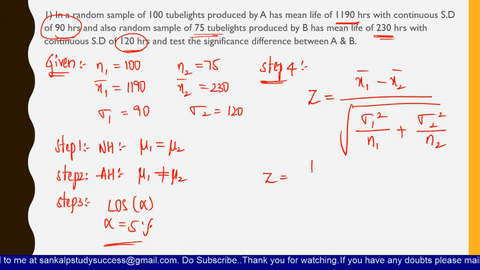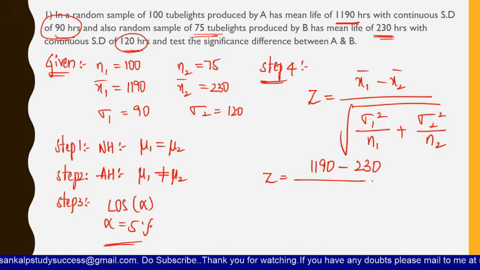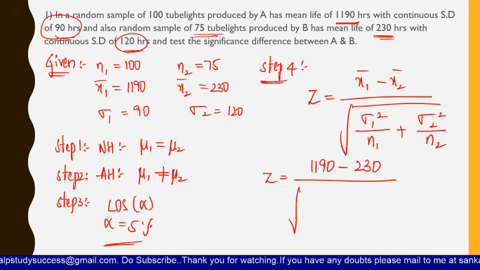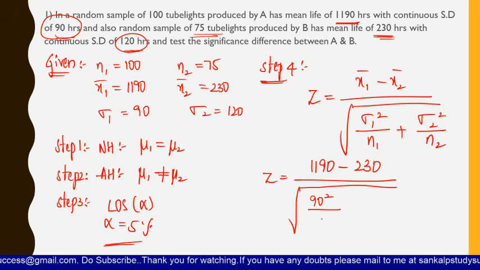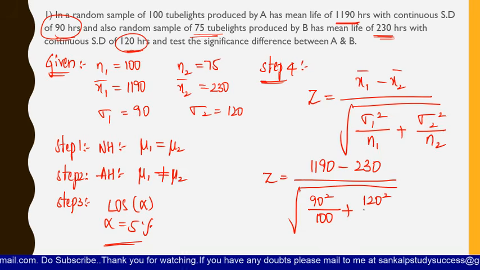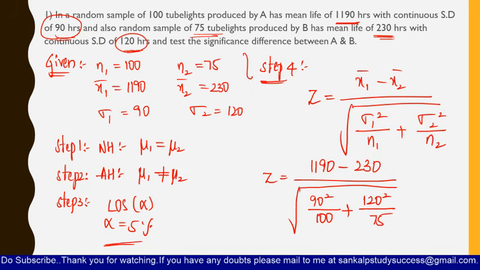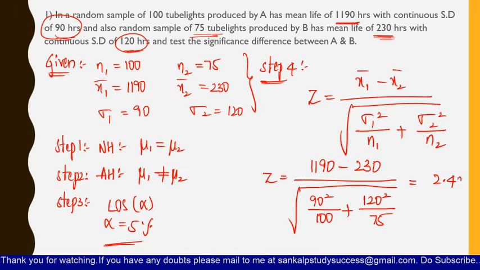Z is equal to x1 bar is 1190 minus x2 bar is 230 divided by square root of 90 square divided by 100 plus 120 square by 75. If you calculate this value using a calculator, then you will get the z value as 2.42.